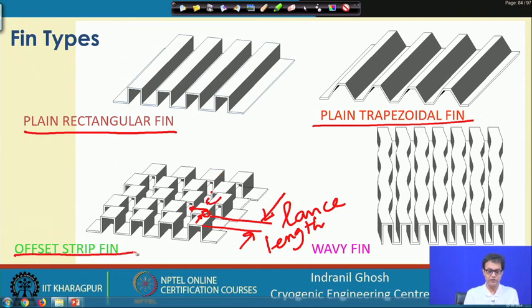The purpose of this offset strip fin is not only to enhance the heat transfer surface area and give mechanical stability, it also enhances the heat transfer coefficient just because of the fin construction.